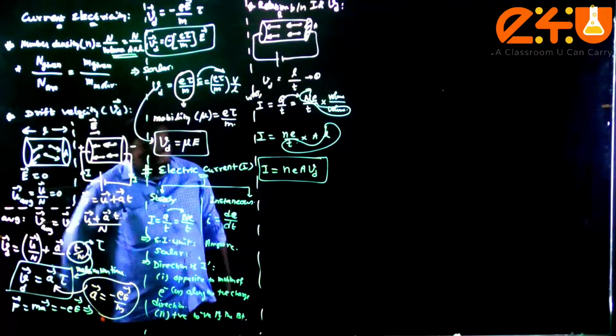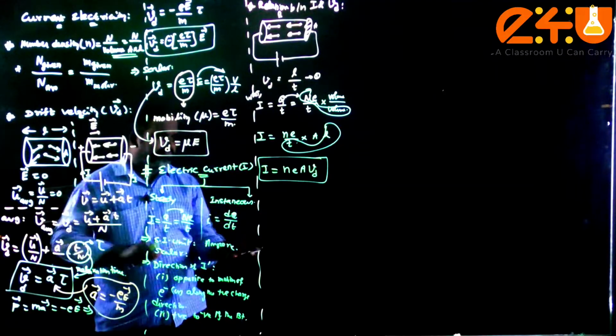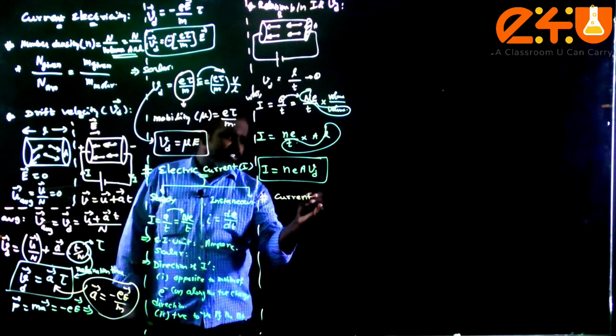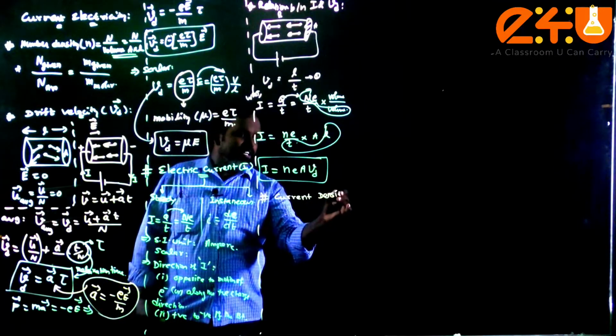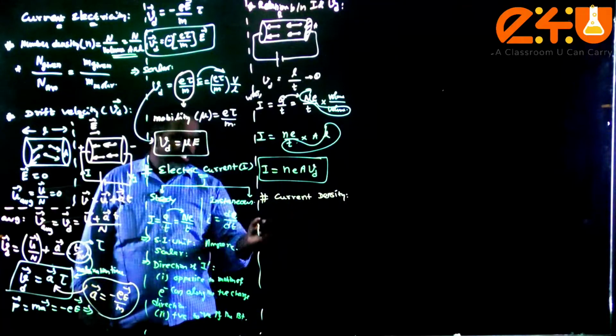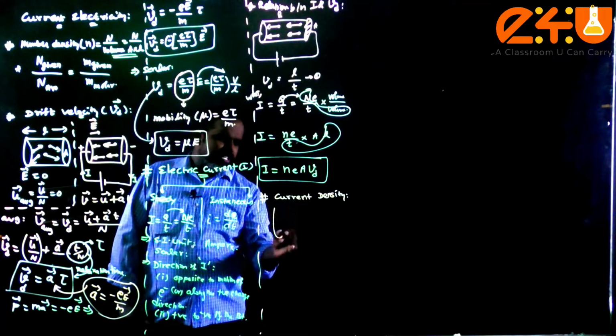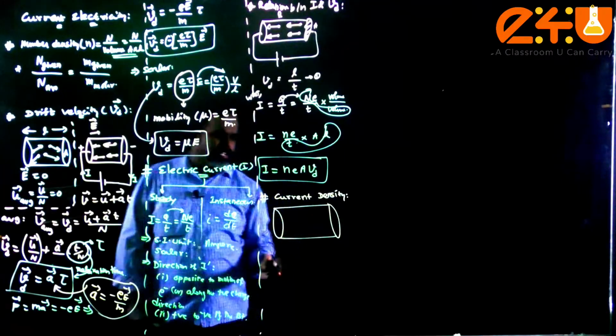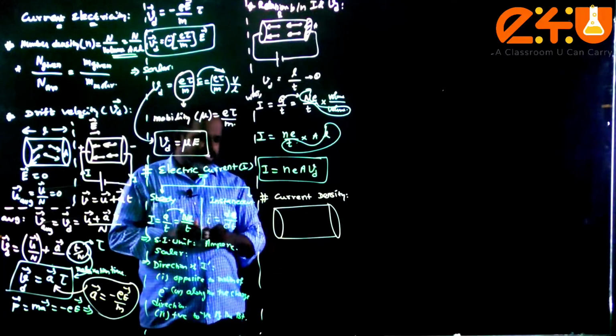The next thing we are going to discuss is current density. Another parameter is current density. Let us consider this as the given conductor, and consider some area of cross section.